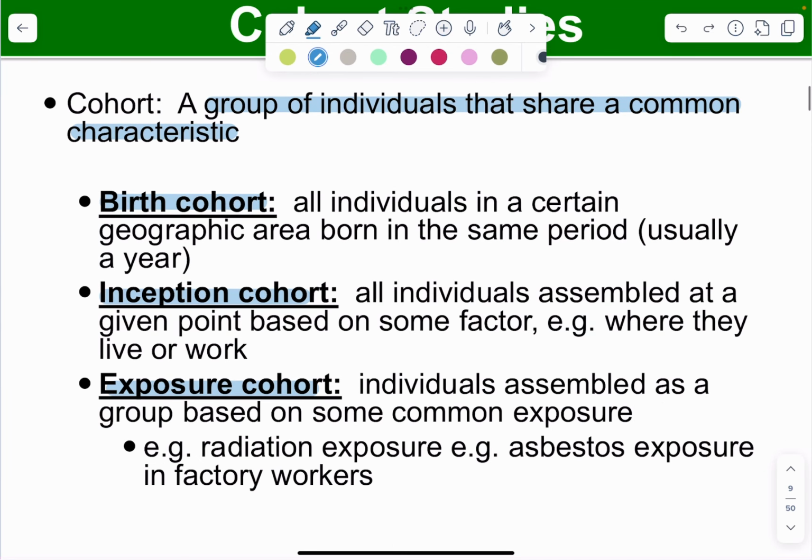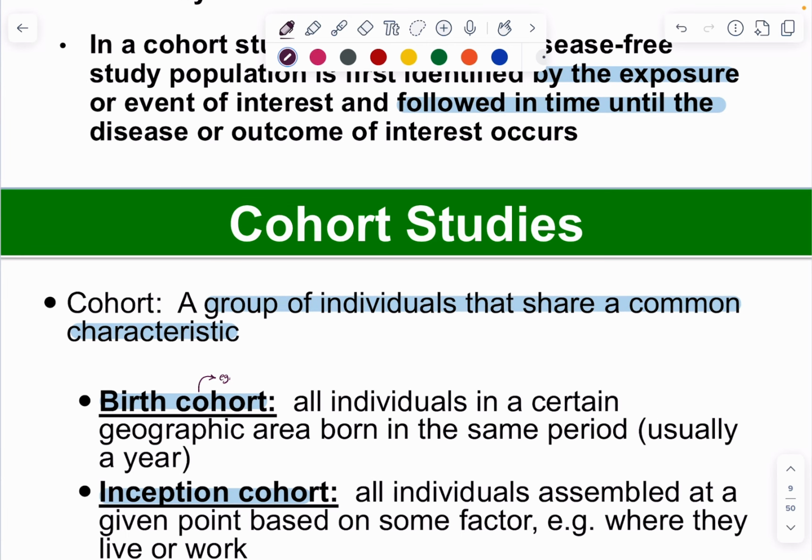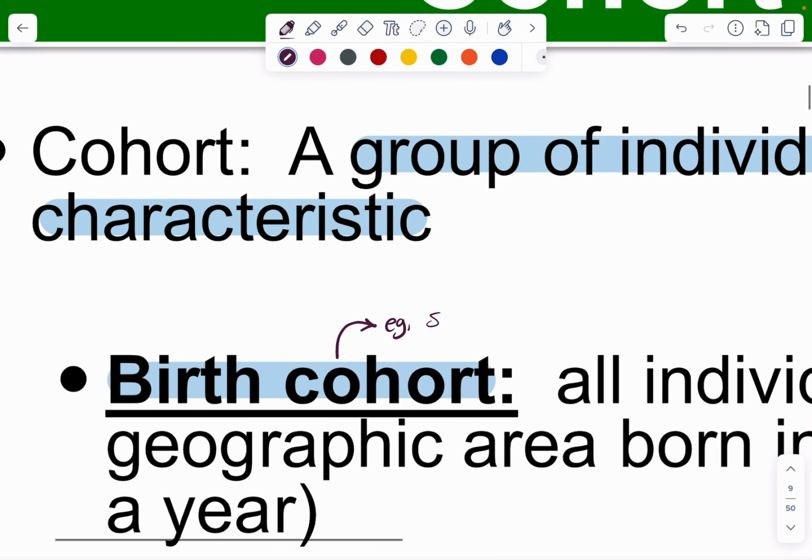As the birth cohort. For example, we want to do a study of all the fetuses who are born to a diabetic mother, gestational diabetes. All the mothers who have gestational diabetes, we want to do the study on their fetuses or their children, and we will start it from when they were born.